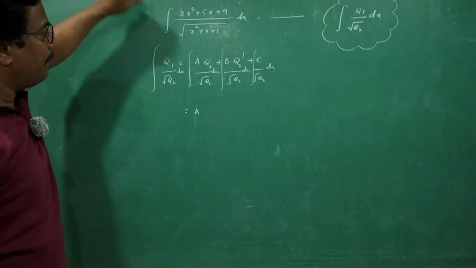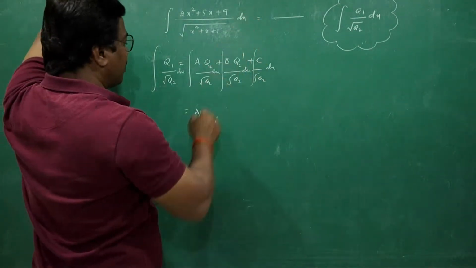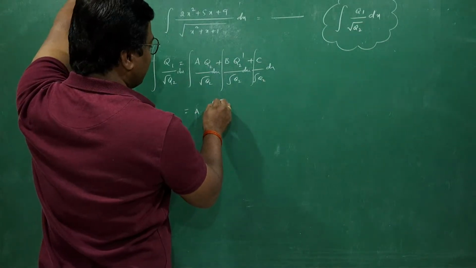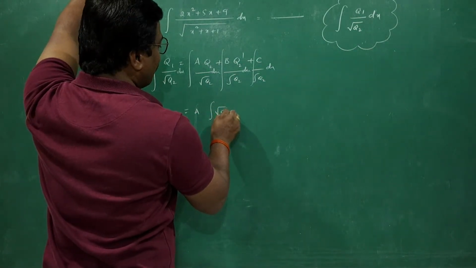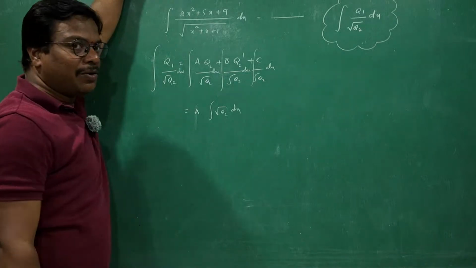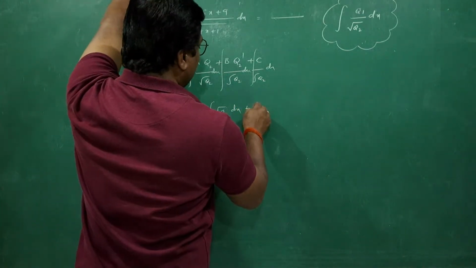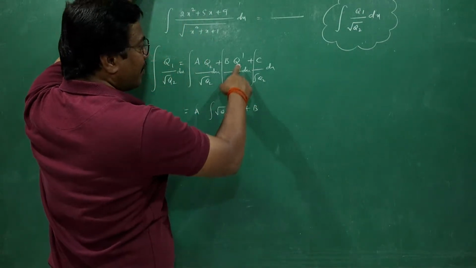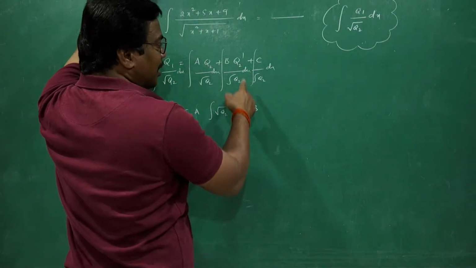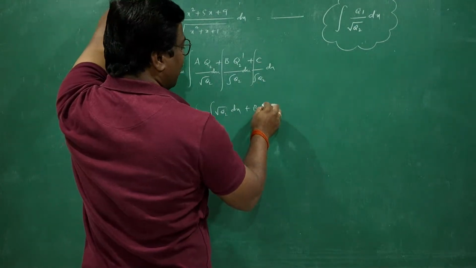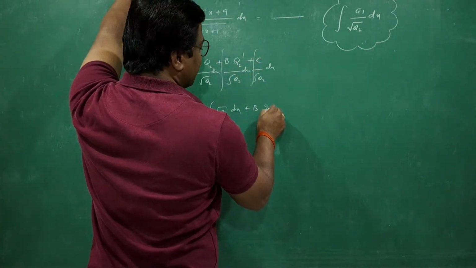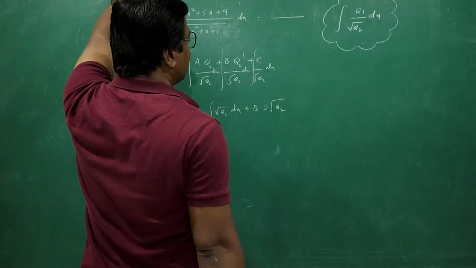By this selection, the given question reduces to the form a times the integral of root Q2 dx, the square root of a quadratic expression, which you can easily solve. Next, plus b times Q2 dash by root Q2, that is f dash x by root f of x, which gives 2 root f of x.